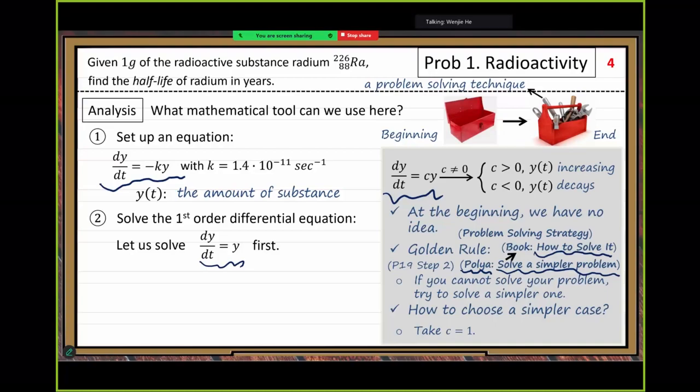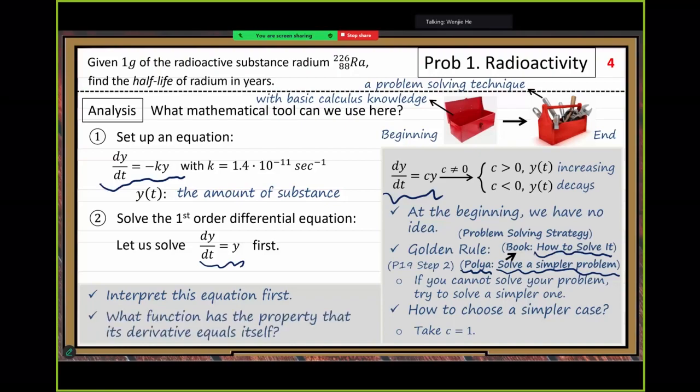Problem solving is based on understanding. So this interpretation is part of our understanding of the question. Let me interpret it in this way.